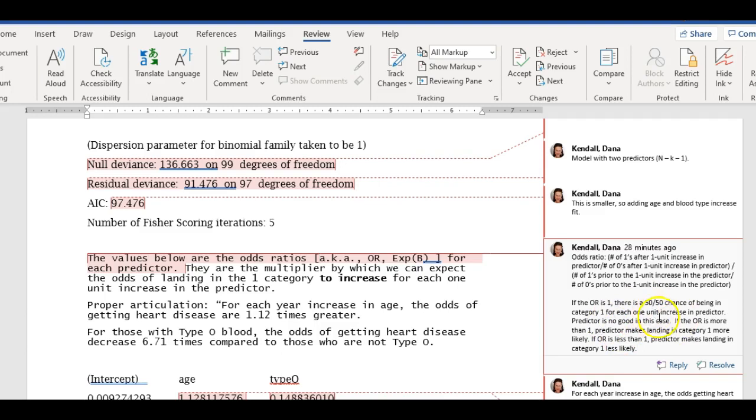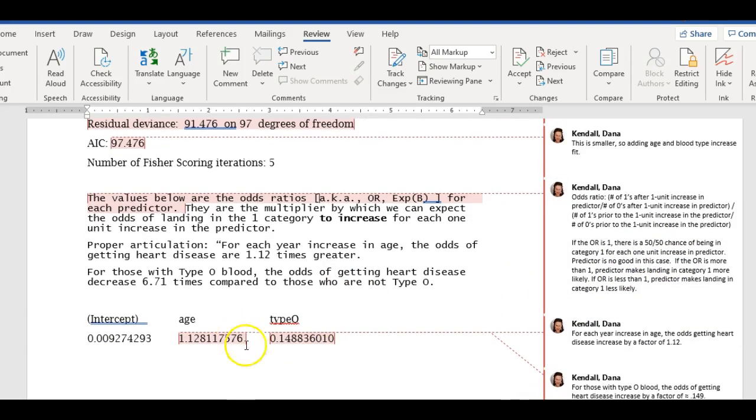So know this, and when you're given some sample output to look at, check out the odds ratio and be able to interpret what that is. So first, it should be obvious, hopefully, that with age, because it's over the value of 1, so it's 1.12 something, that means that as we age, we're more likely to get heart disease. That's just very obvious, all right?